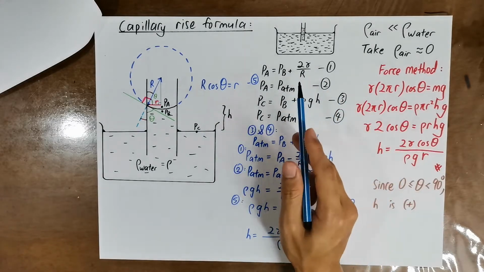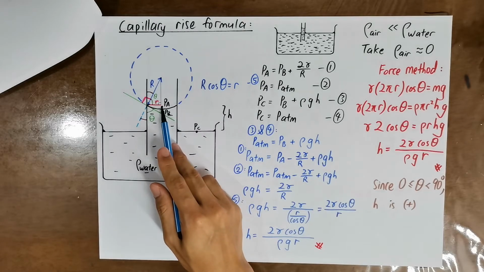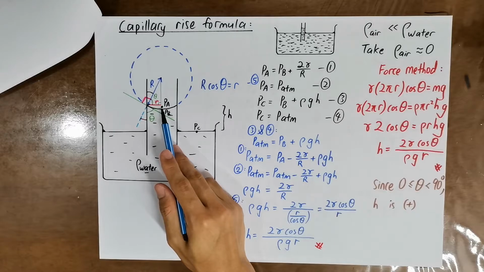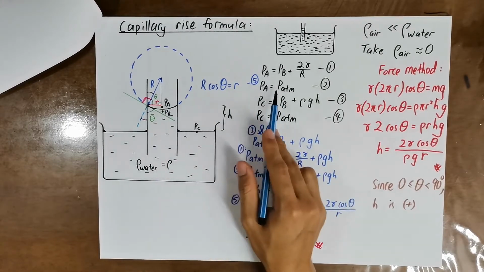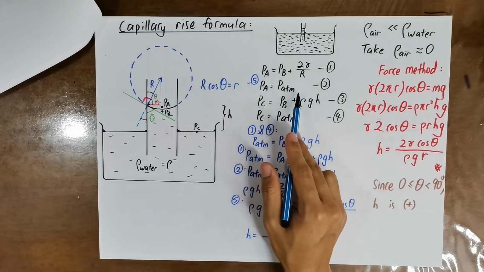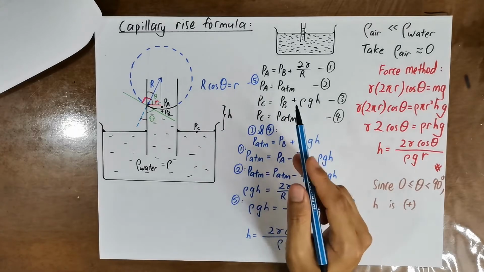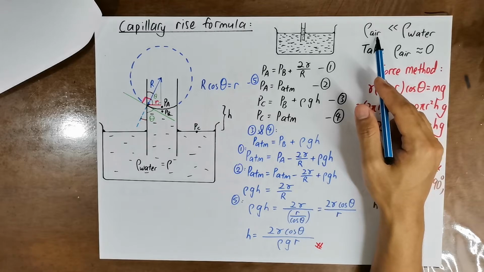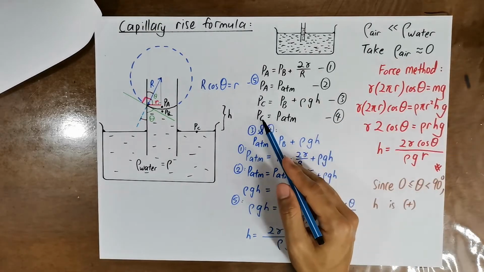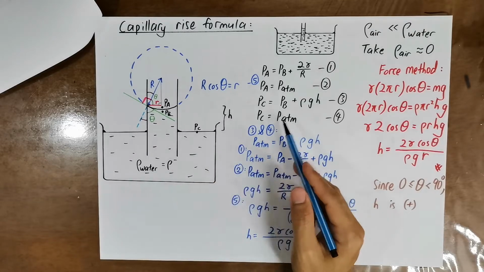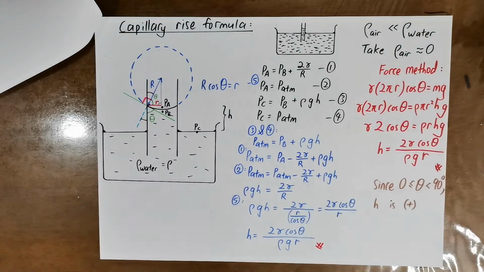Now this is the pressure at point A. The point A is just outside the water surface. So you know that the pressure at point A is the pressure of the atmosphere, and you assume that the density of air is almost zero, so I can say the pressure at point C is almost the atmospheric pressure.